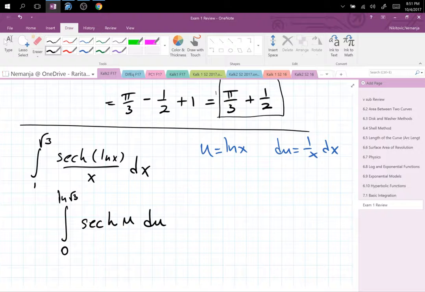Look it up. So now with the hyperbolic functions, it's pretty much the same. You still have the pairs working together. So secant hyperbolic u, what's the integral?